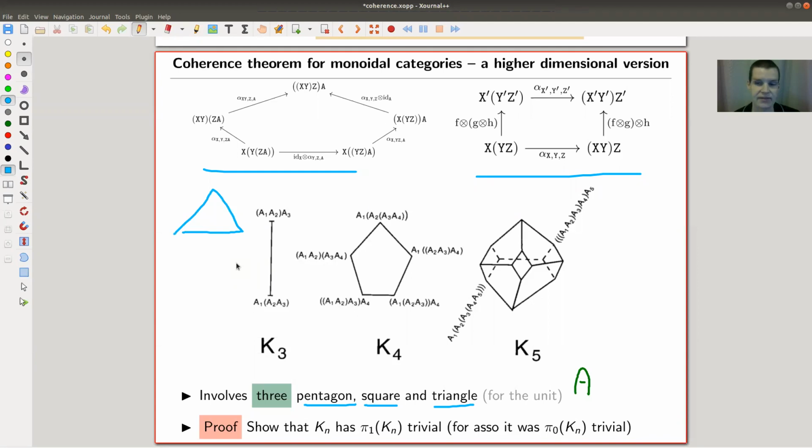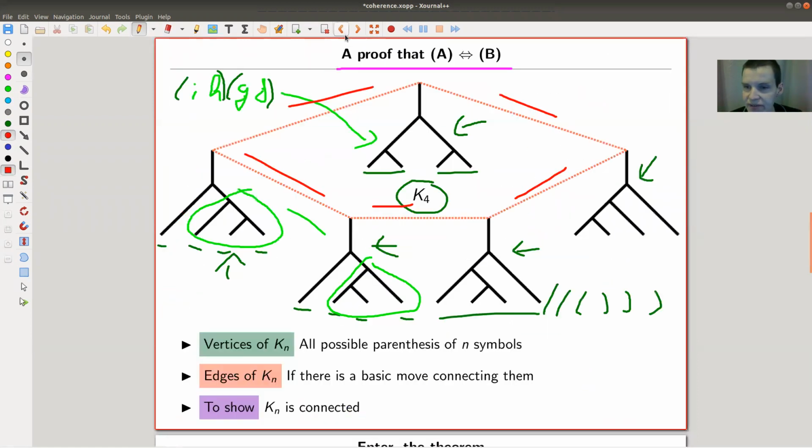The n corresponds to the number of symbols, and you associate a certain topological object to it, which gets higher dimensional. So this is glued together from pentagons and squares. That's why I have them in the picture. This one here is a square, this one here is a pentagon, and so on. It's an object that you glue together from those. It's not so important that you get the details, but it really is the same idea as this one, just higher dimensional.